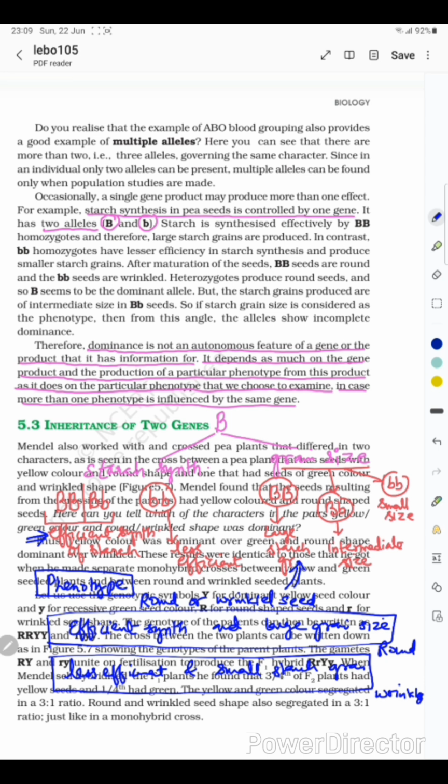So what is here? The dominance is not an autonomous feature of a gene.